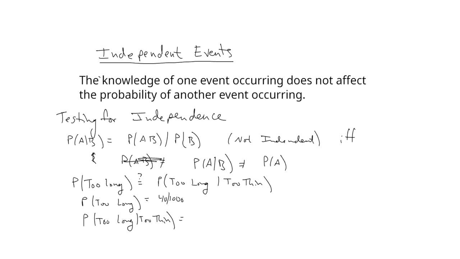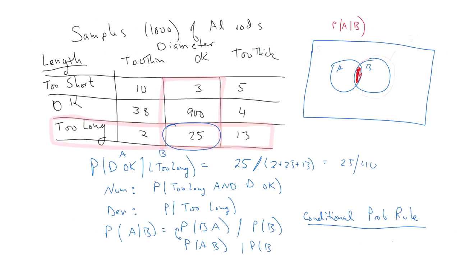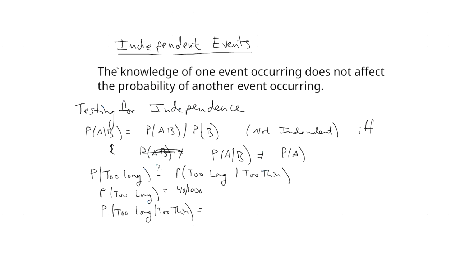Given that we're too thin and too long, that's 2 where they intersect, so that's 2 over 1,000. Then we divide by the sample space, which was 50 over 1,000. This is the too thin sample space, and that's the intersection of the two.